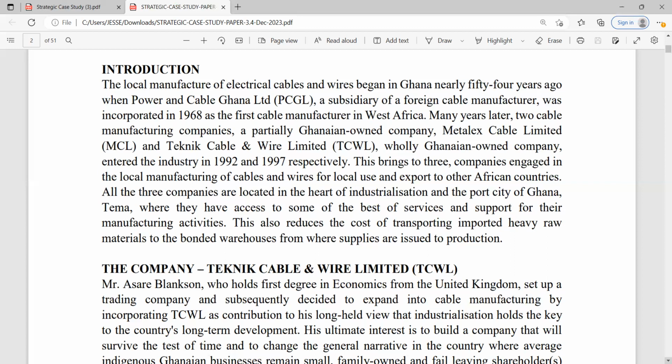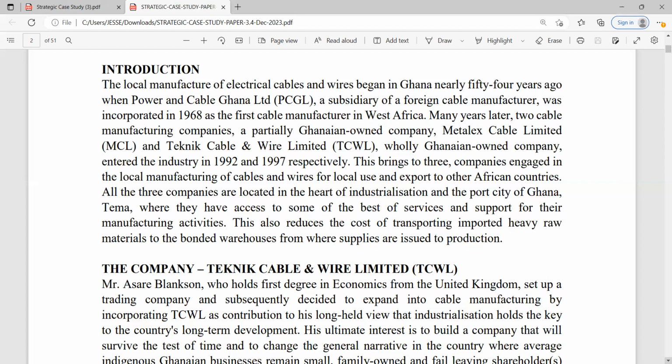So for example, location here for these companies would be a strength and even an opportunity for other companies who would like to come in. So location here is a strength. So be on the lookout for SWOT analysis, which is strengths, weaknesses, opportunities, and threats.